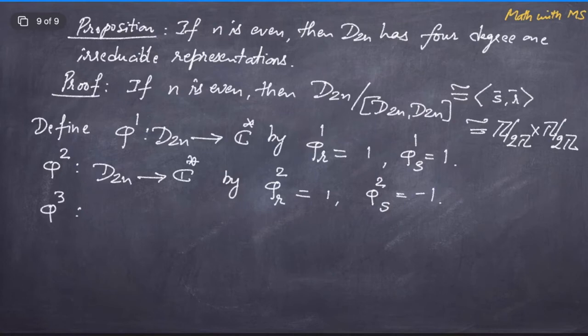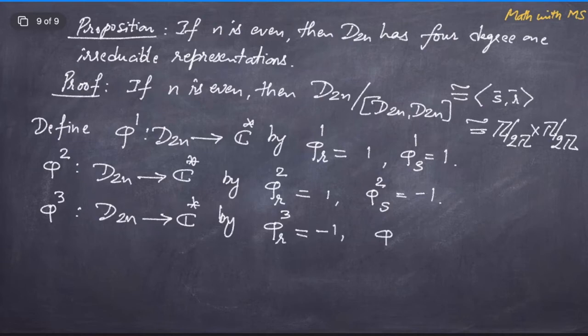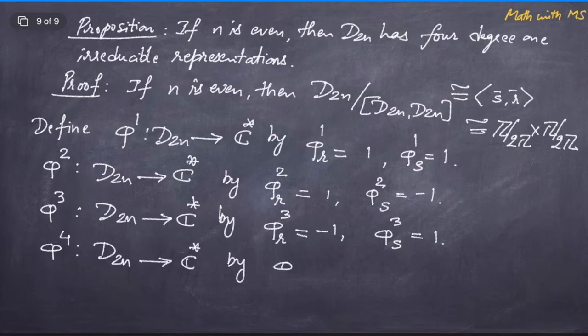Phi 3 from D2N to C star by phi 3 of R equals minus 1 and phi 3 of S equals 1, and phi 4 from D2N to C star, phi 4 of R equals minus 1 and phi 4 of S equals minus 1.